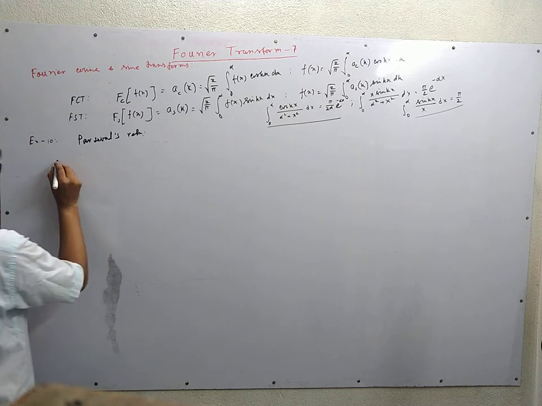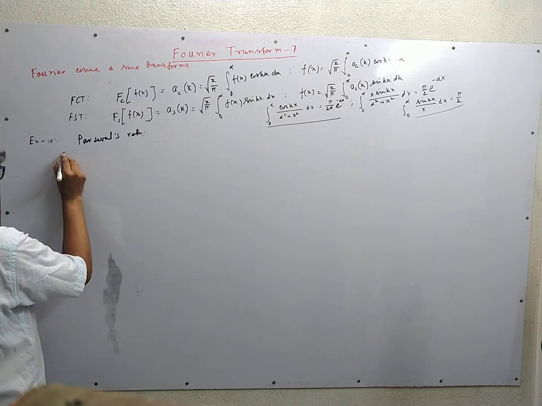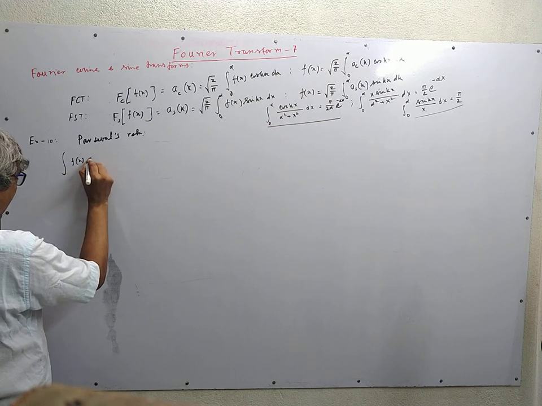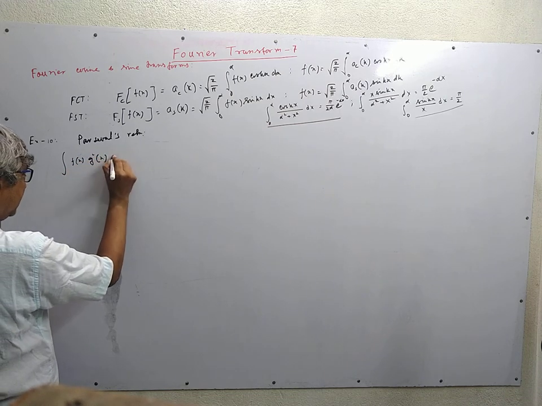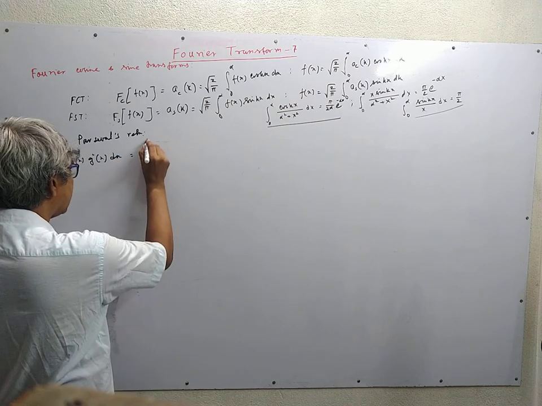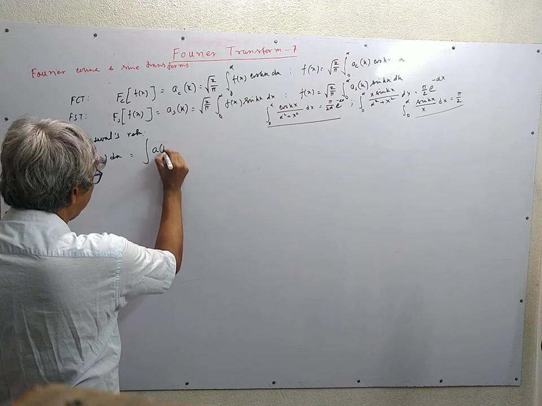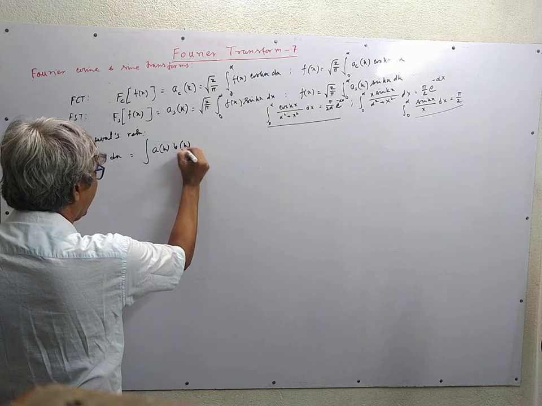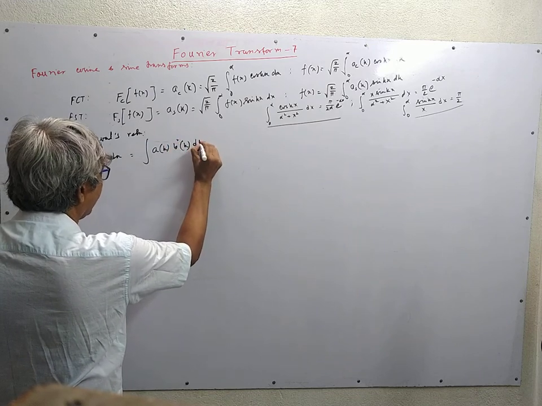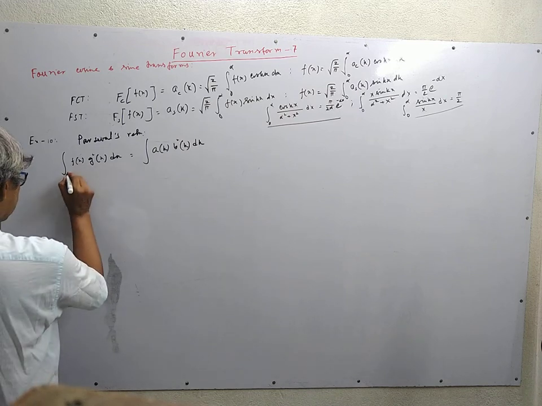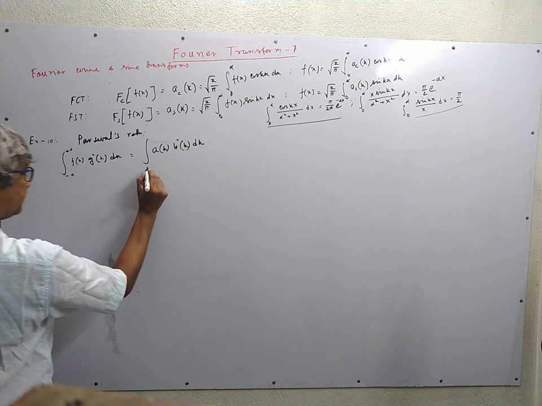We consider two functions, f of x and g of x. The integral of f of x g star of x dx is equal to the integral of a of k b of k star dk. This is the Parseval relation in general, and the integration extends from minus infinity to plus infinity.